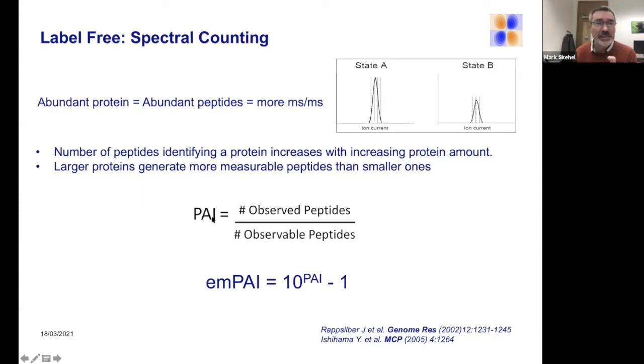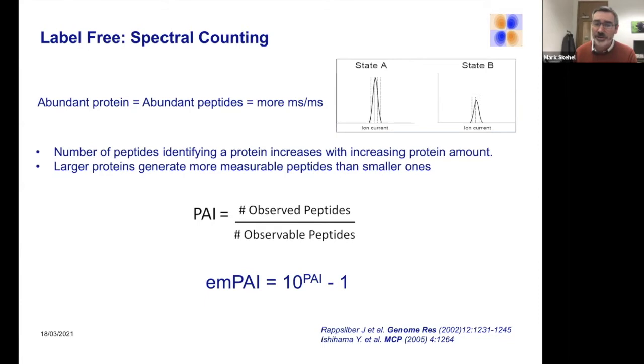Now there is an approach called spectral counting, which I would advise you really only to think about if you want a very loose indication of what might be going on. If you take this as being gospel, you will be led straight up the garden path. The idea here is that, of course, the more peptides you analyze for a protein, the more abundant it is.